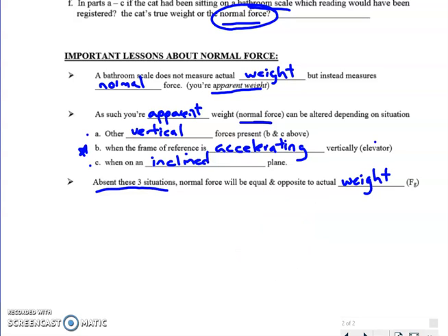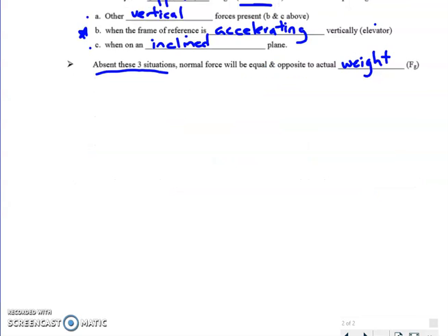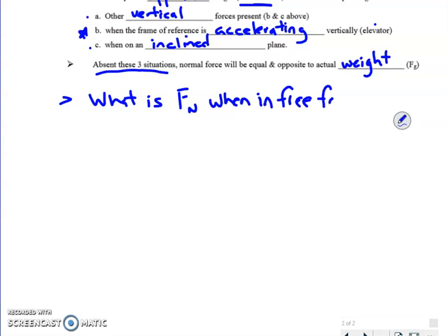This is something I'll demonstrate more in class, if I haven't done so already, with some videos. And that's: what is the normal force when you're in free fall? So if you were to draw a scale, let's say you're on some surface, an elevator, and it's accelerating down, that's free fall, and we know that the acceleration equals g.